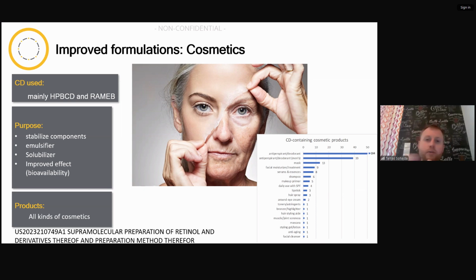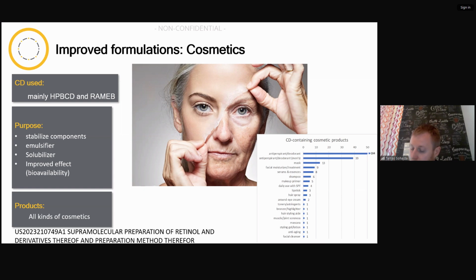So why are they used in cosmetics? Stabilizers of certain components, emulsifiers and solubilizers, and improving the bioavailability. For cosmetic applications, and I'm not sure this is stressed in the slides, many cosmetic applications mean a topical application. So you spray it on the surface of the skin, you apply the cream there, and so on.